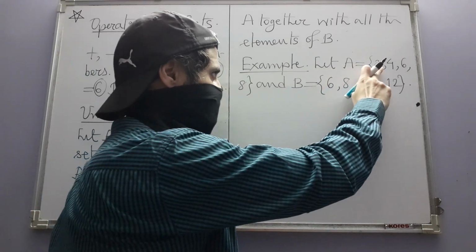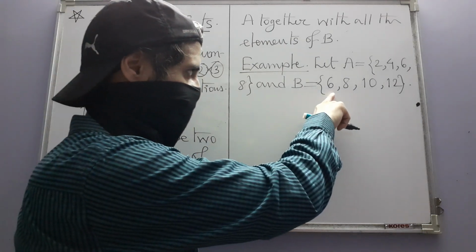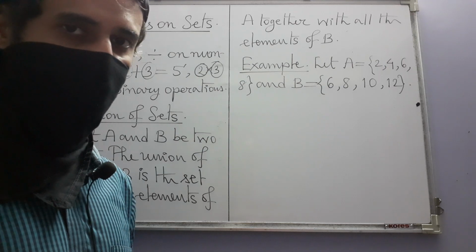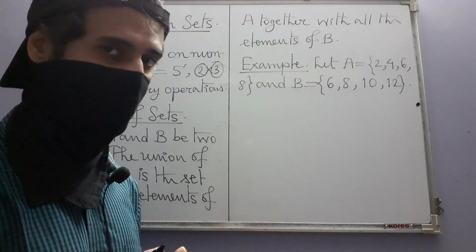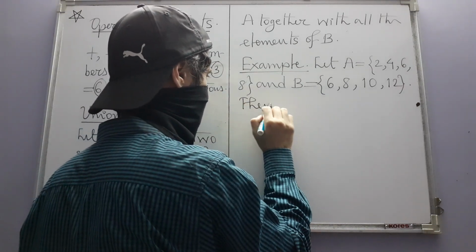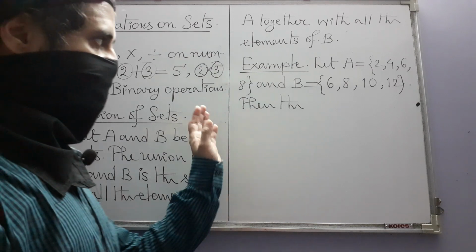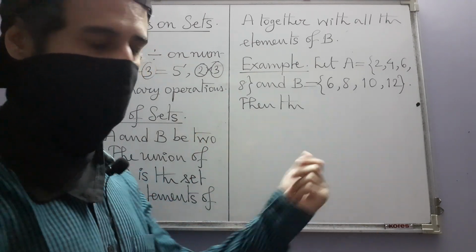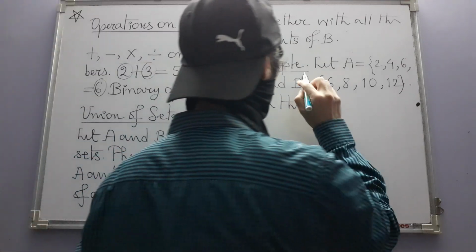You consider A to be the set of these numbers and at the same time you consider B to be the set of these numbers. And there are two common numbers, 6 and 8. That's the thing. Actually, they are not repeated. As a result, while writing the union in roster form here in this case, we will also not repeat elements.